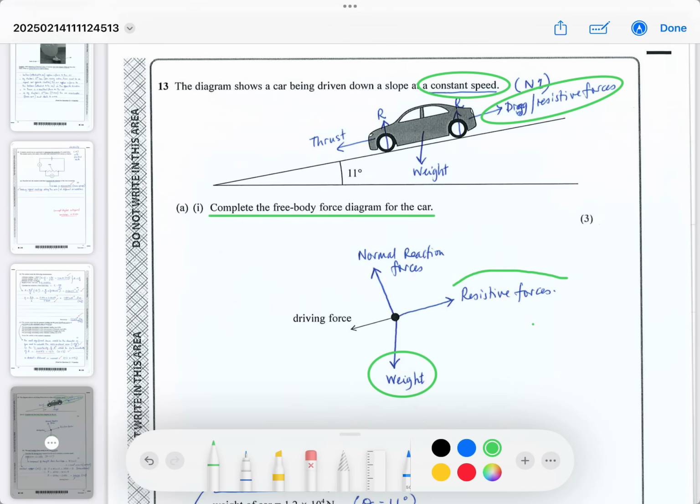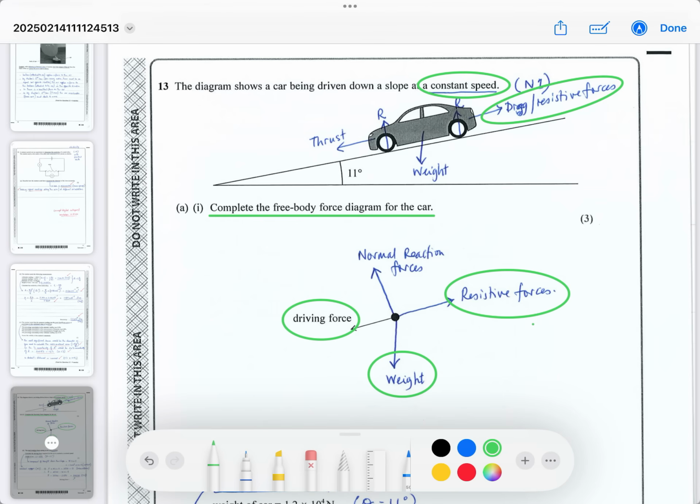Now the resistive forces are upwards, and you can see I've drawn the arrow longer than the driving force because part of the weight, because it's at an angle, is also helping the driving force. So part of the weight is also pulling the car down the slope.